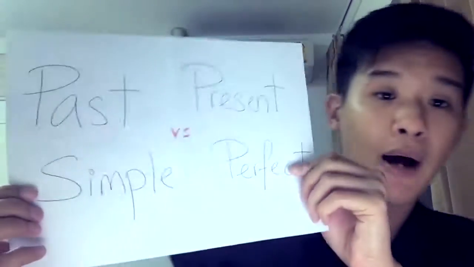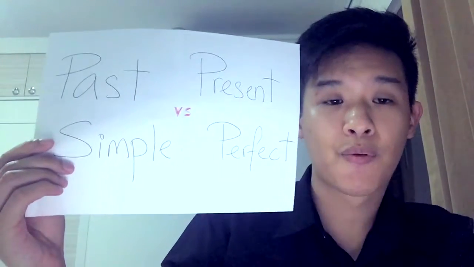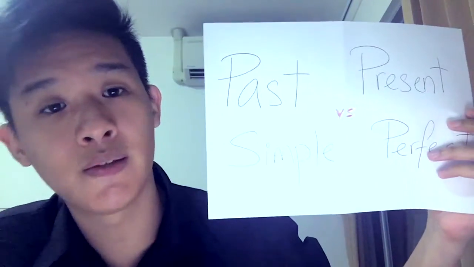What is the difference between past simple and present perfect? So what is the difference between these two tenses? Like I said earlier, past simple means that something happened in the past at a specific time.